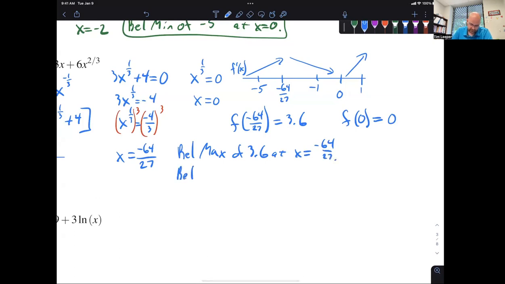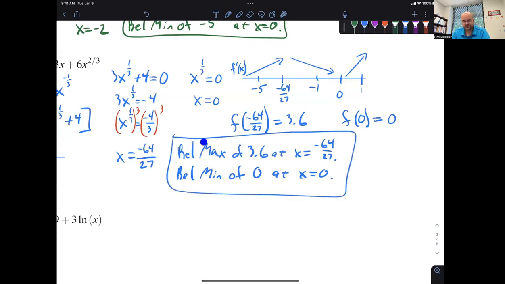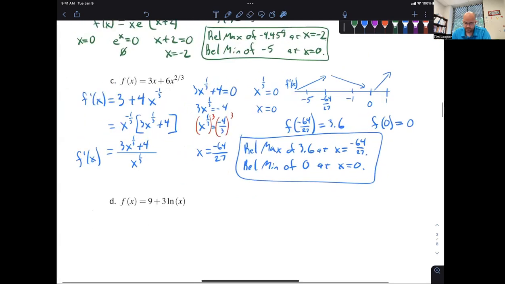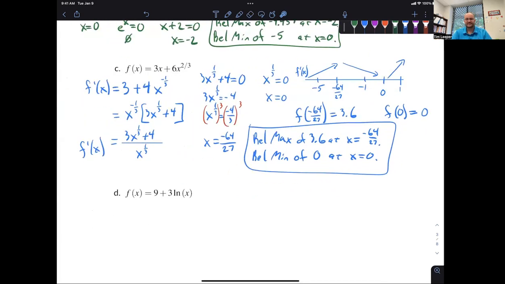And there is a relative minimum of 0 at x equals 0. And again, if you want to use the coordinates, that's fine. So just say there's a relative maximum at negative 64 over 27, comma 3.6. And then there's a relative minimum at 0, comma 0. And there you go. That is 4C. Have fun.